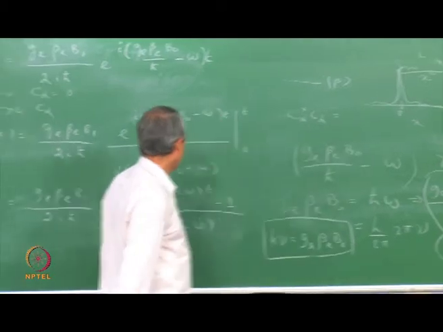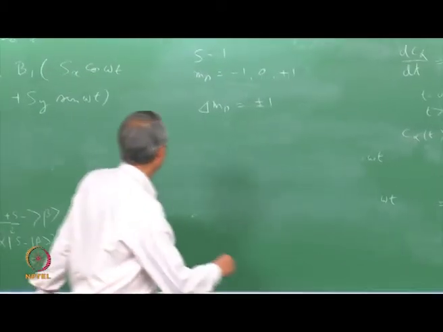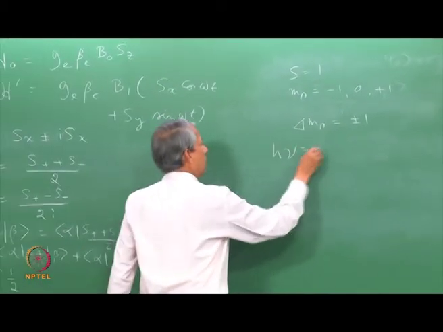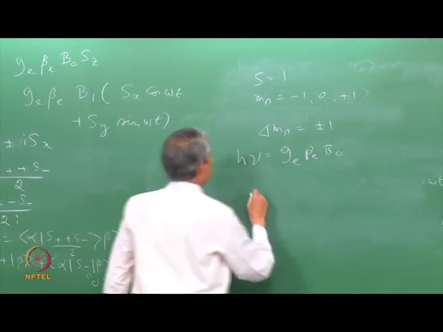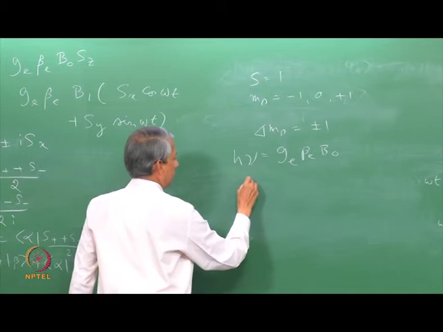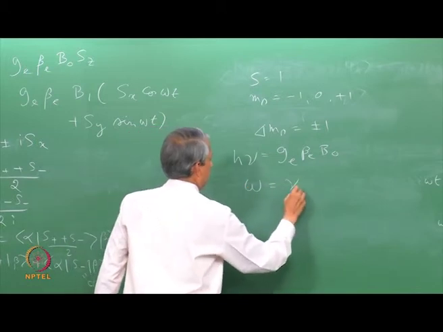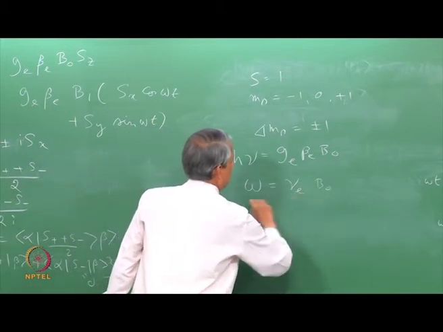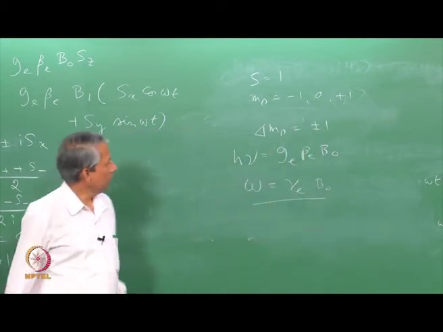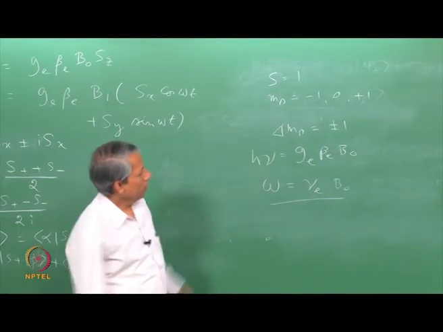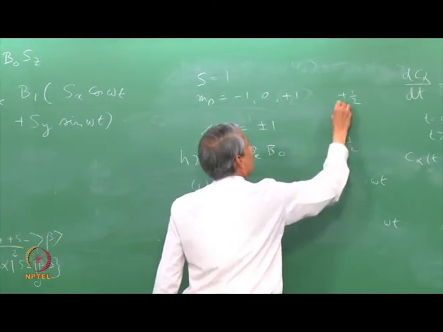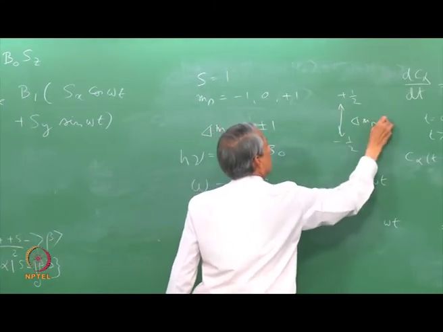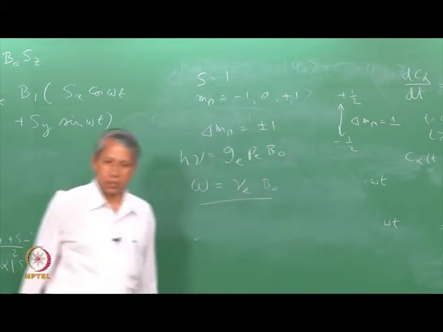Either I can write h nu equal to g e beta e B0, or the equivalent. So here ms changes by 1 unit, and in plus minus half also the spin changes by 1 unit. So, everything is consistent there.